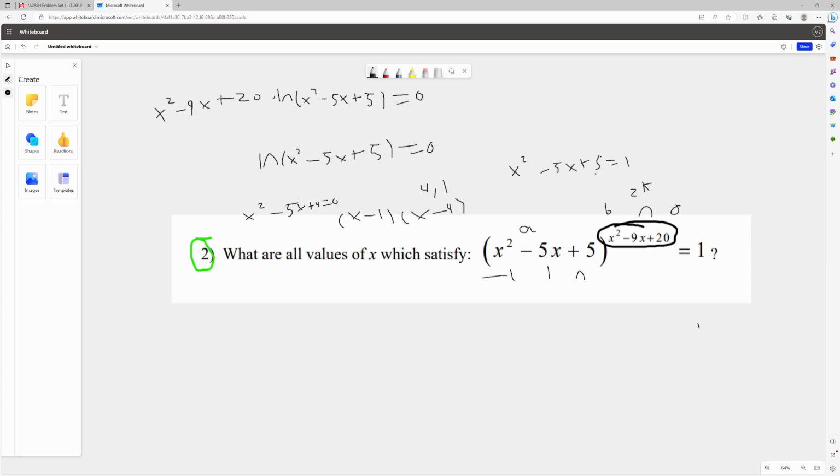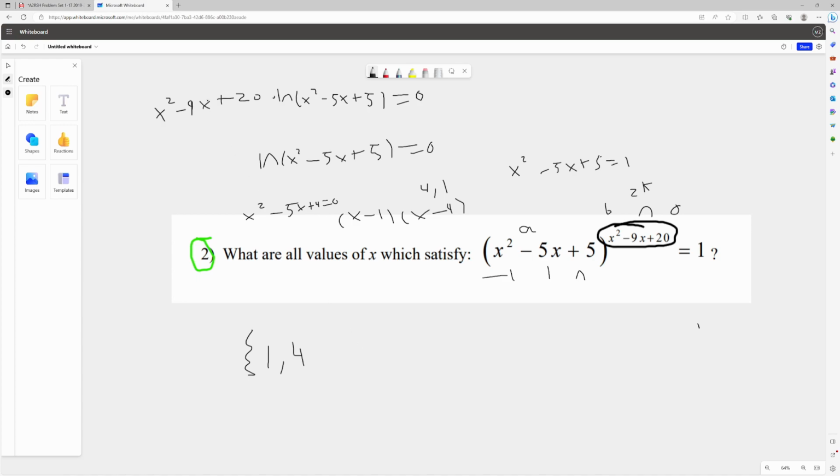Keep in mind, this works because if the expression inside the natural log equals 1, that would set the natural log to 0, and then that would set this whole equation equal to 0, and that would be a valid solution because these two equations are equivalent: x squared minus 5x plus 5 to the x squared minus 9x plus 20 equals 1, and x squared minus 9x plus 20 times the natural log of x squared minus 5x plus 5 equals 0. If we can find a solution to this, we get a solution to this for free. So we get 1 and 4 as two of our solutions.